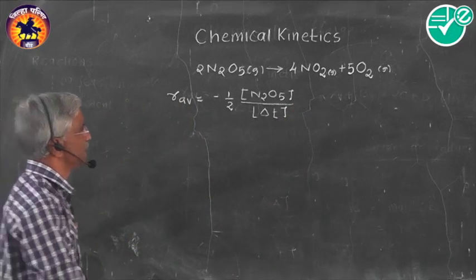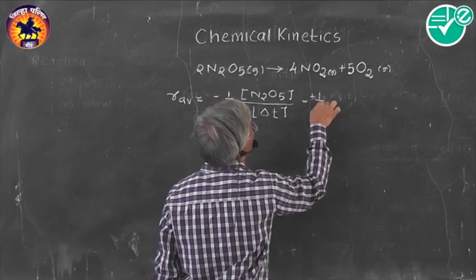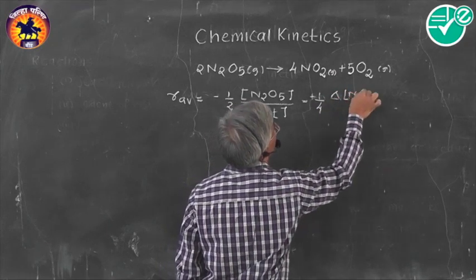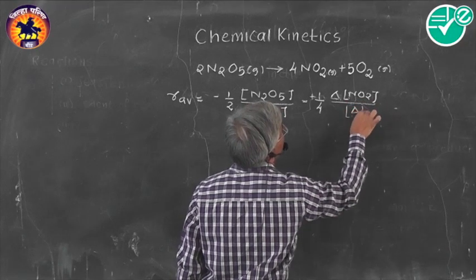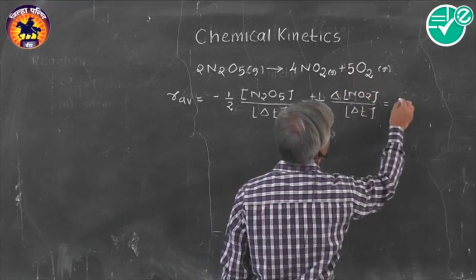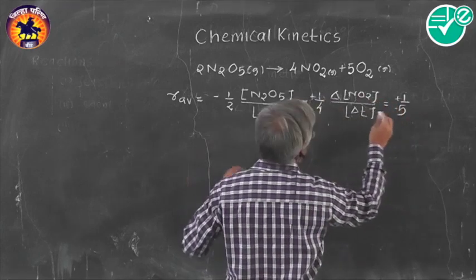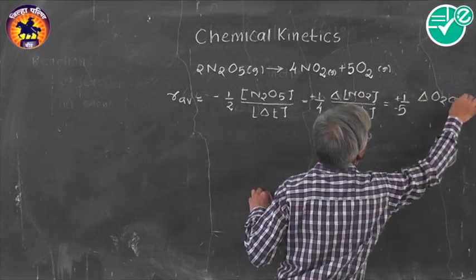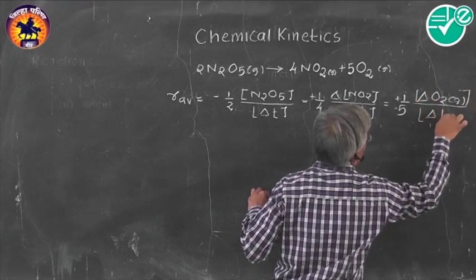Now minus 1 by 2, which is equal to plus 1 by 4 change in concentration of NO2 with respect to change in time, which is equal to, again since they are products, plus 1 by 4 change in concentration of oxygen in gaseous state divided by change in time.